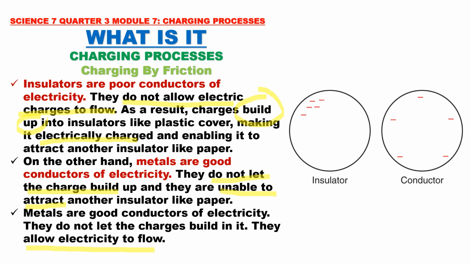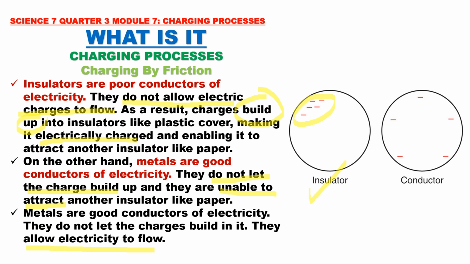So, ang mga insulators, okay, they are easily charged by friction because the charges build up. So, hindi madaling mag-flow ang electric charges sa mga insulators. Instead, naiipon siya. Kaya yung mga insulators natin, they become electrically charged, enabling them to attract another insulator.